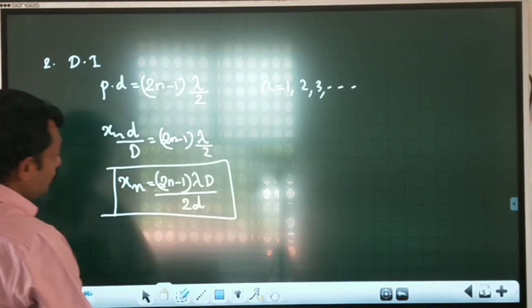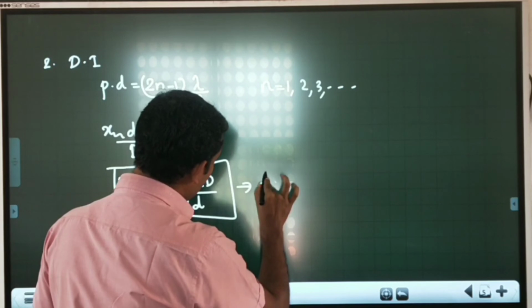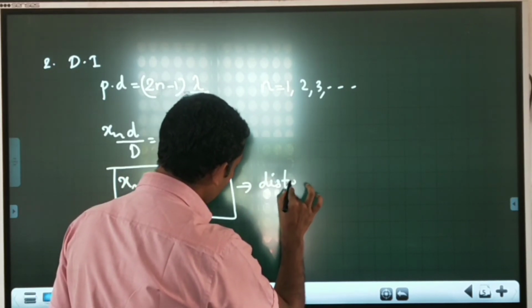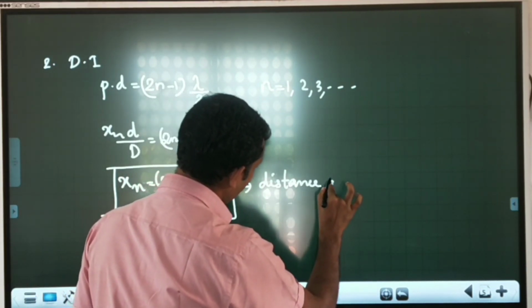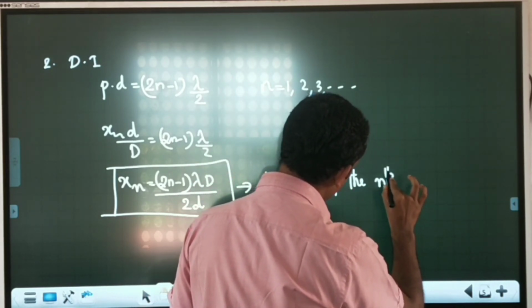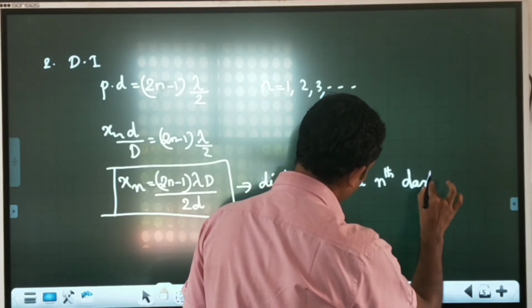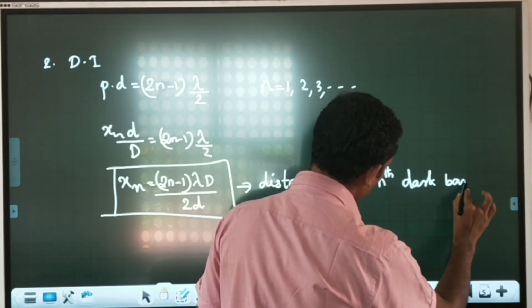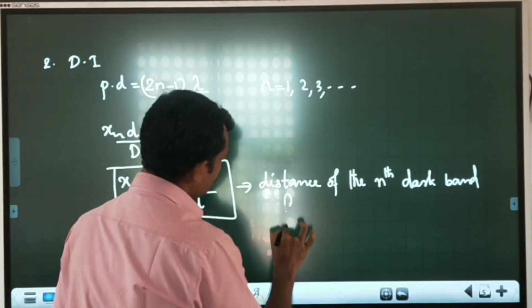So let me tell you, this is the distance of the nth dark band from the center.